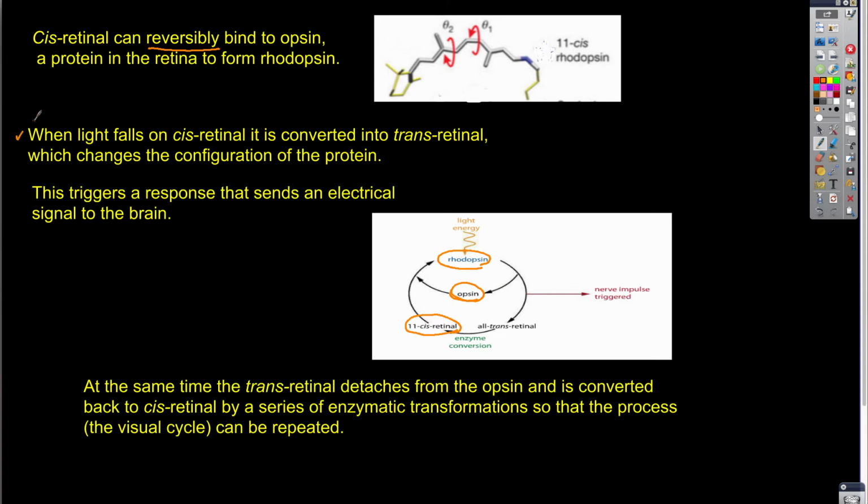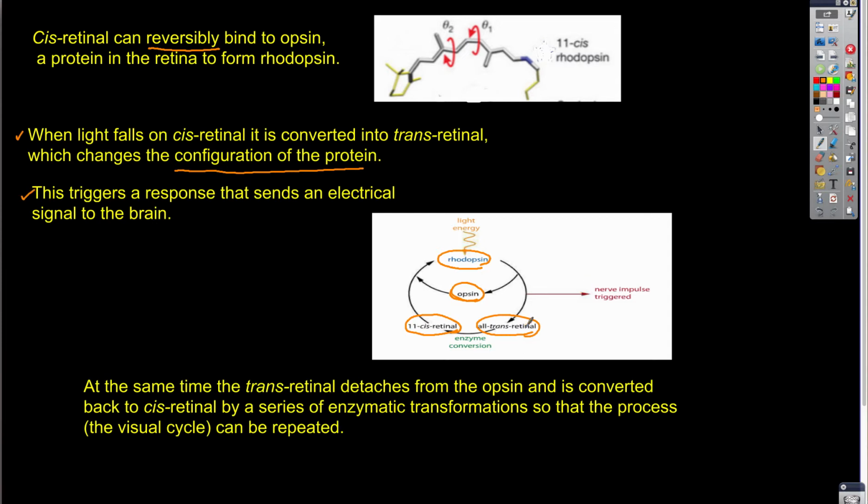Then in the presence of light, this rhodopsin is going to convert the cis into trans, but the trans is not a perfect fit for the protein, and there will be a change in configuration of that protein and it causes an electrical impulse going to the brain. This triggers a response, and then you can visualize something and see something.